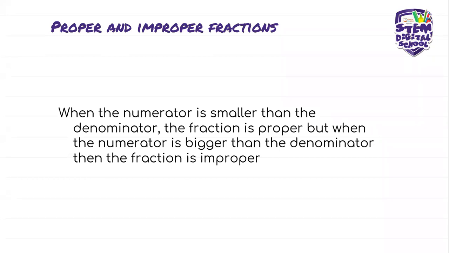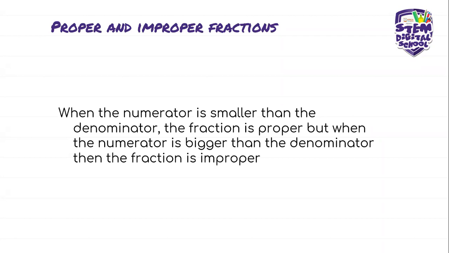So at times, the denominator might be bigger than the numerator, but in other instances, it may be smaller. The denominator may be smaller than the numerator, sorry. So if the denominator is bigger than the numerator, then the fraction is known as a proper fraction.